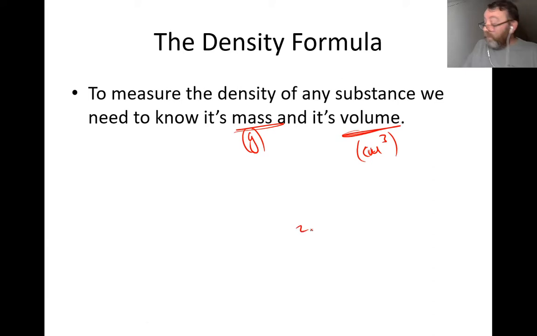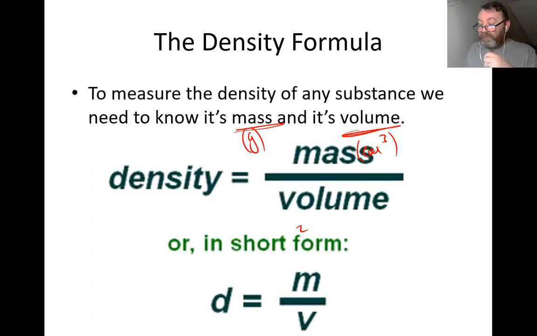Anyway, okay. So mass is in grams and volume is in centimeters cubed. So there's the formula: the density of an object is the mass of the object divided by the volume. And as we said already, mass is going to be in grams and volume in centimeters cubed.